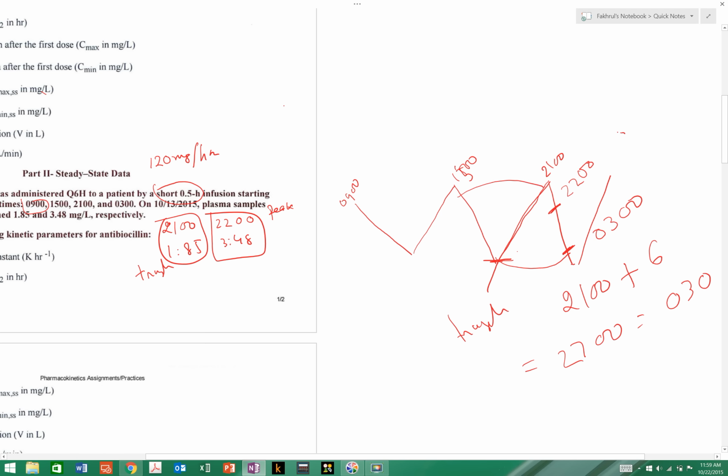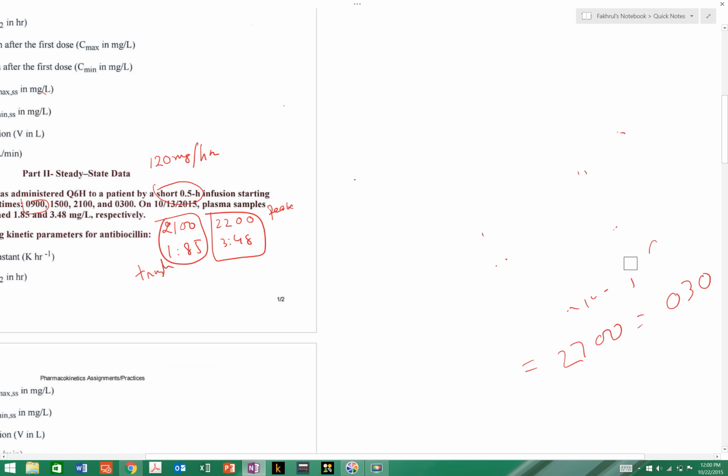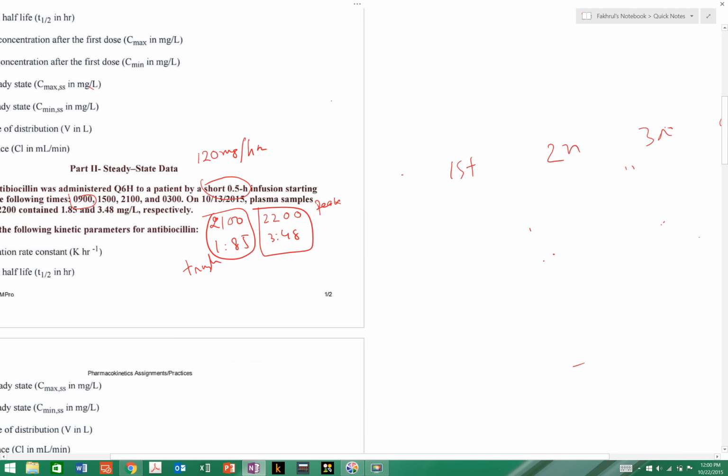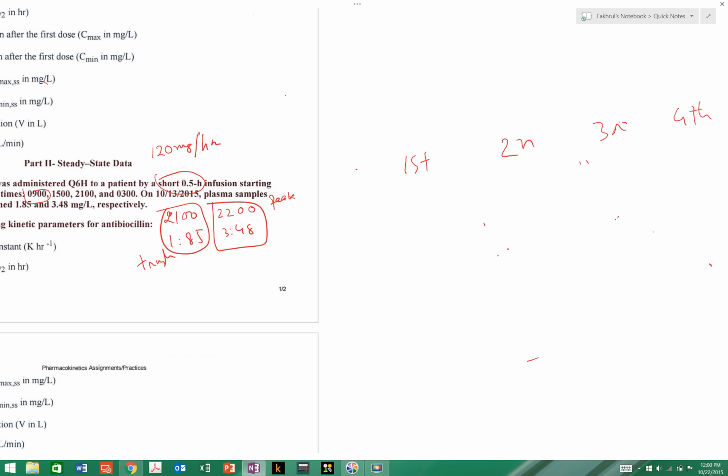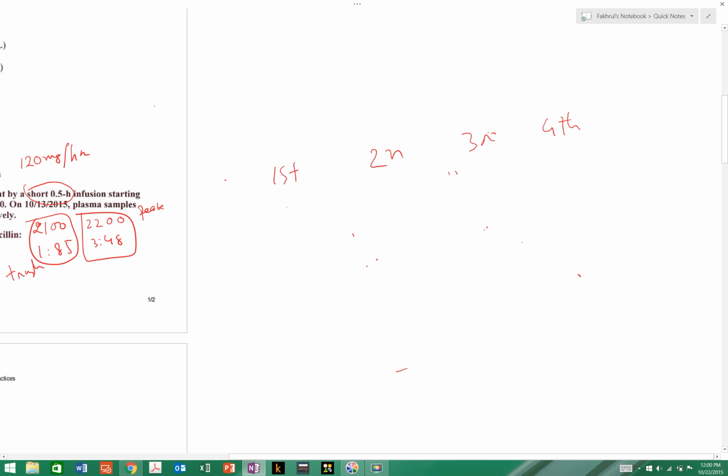So again, let's make this concept clear, as I tried to explain in the class. You have the first dose, second, third, and the fourth dose. Based on the timing, let's draw this curve.